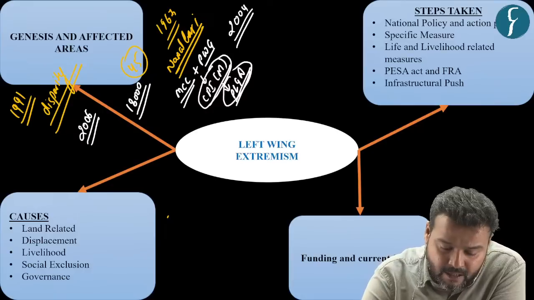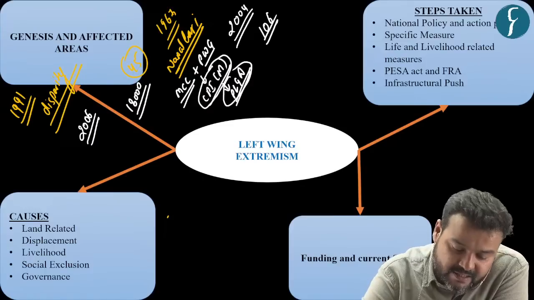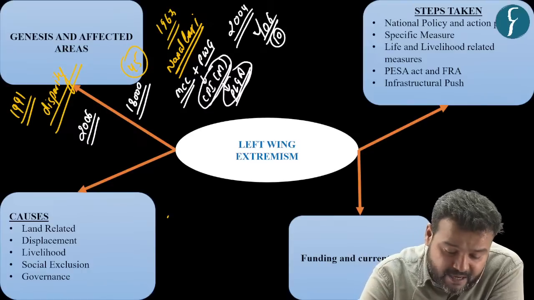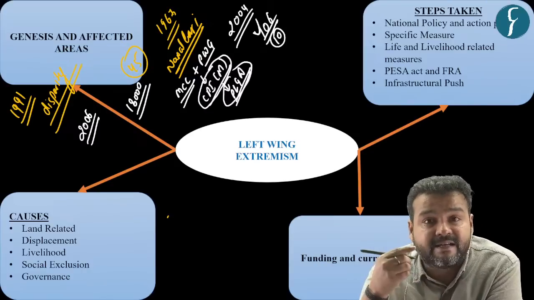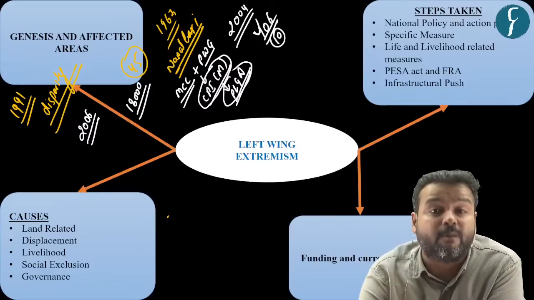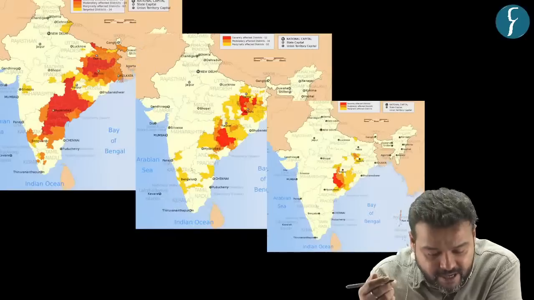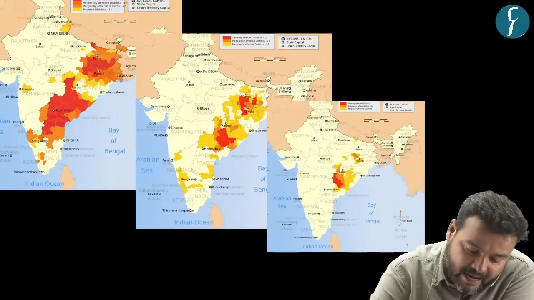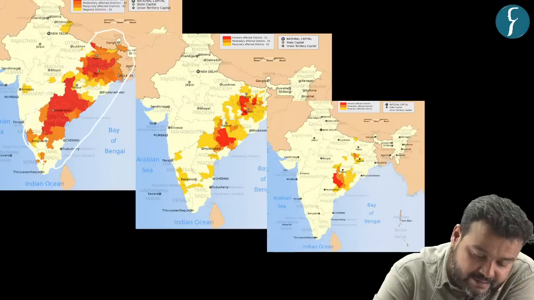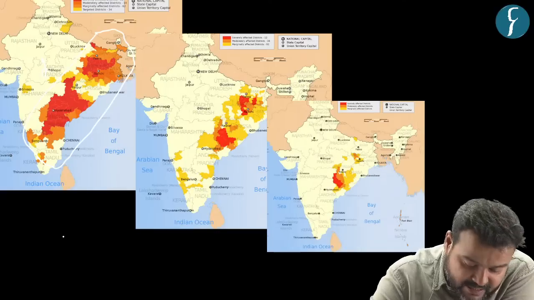As for the affected area, if you take up the data, around 106 districts in 10 states have been identified where these districts were used by Naxalites for their operations. Now these numbers are declining, their area is shrinking. You can see through this map that this entire area is termed the red corridor. This map is of the year 2007.